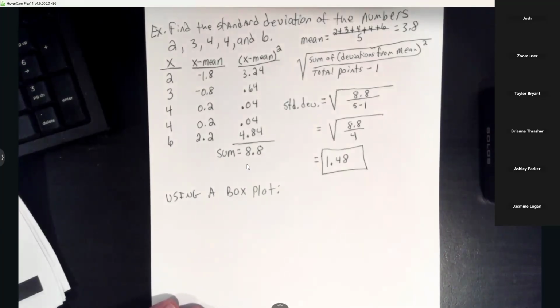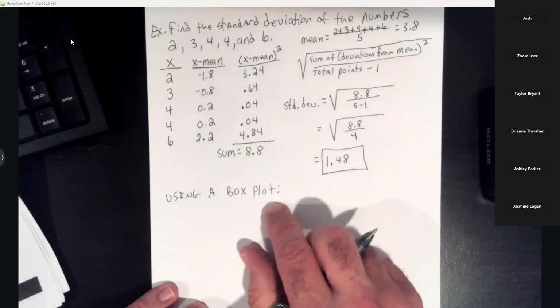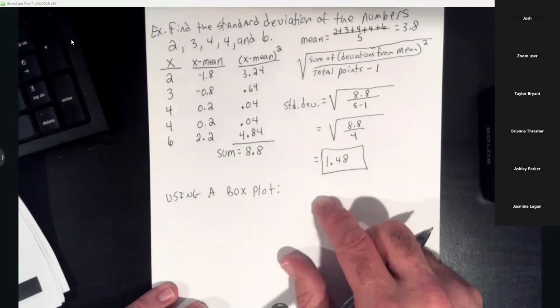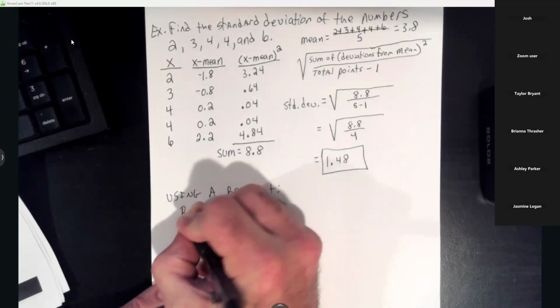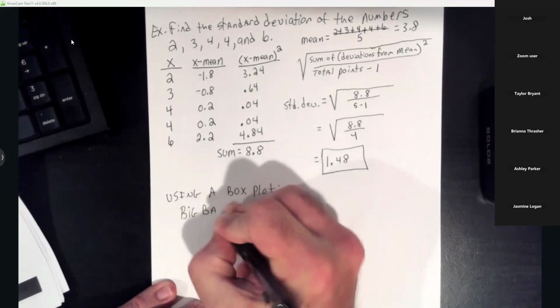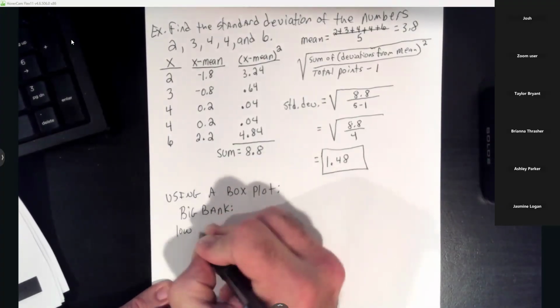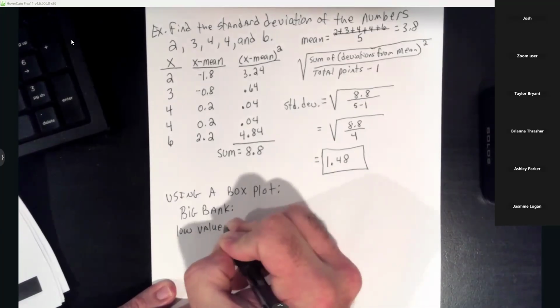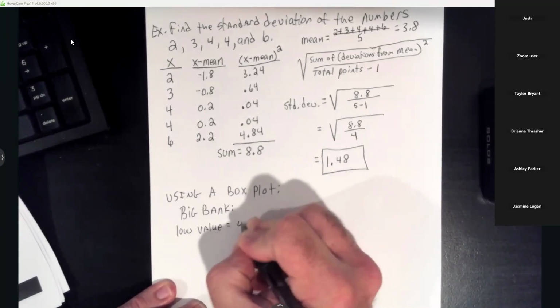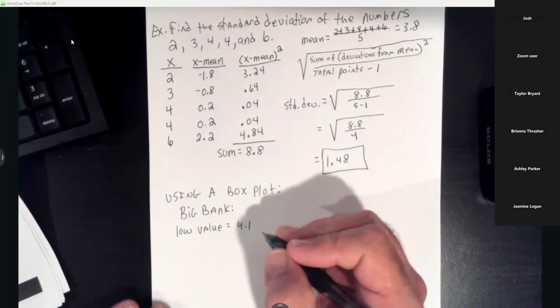All right, y'all. So let me see. I'm going to use data. So there's a bank, and they was looking at wait times. And for this big bank here, they found the low value for waiting time was 4.1 minutes.